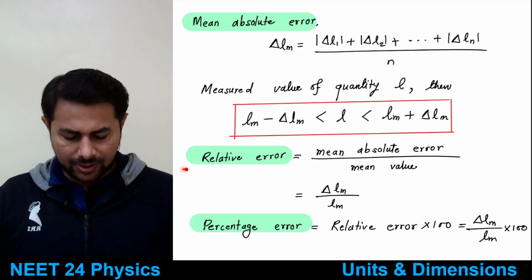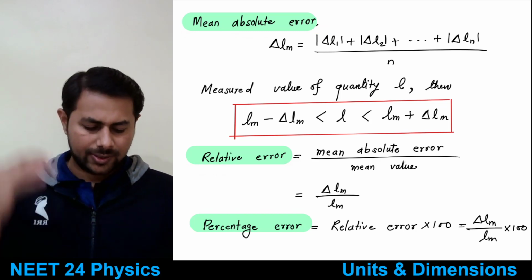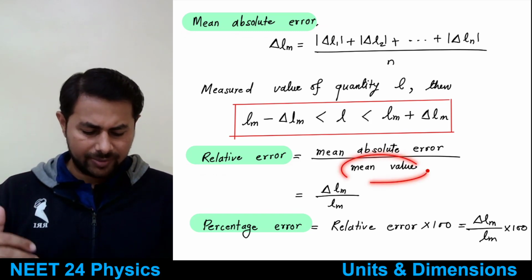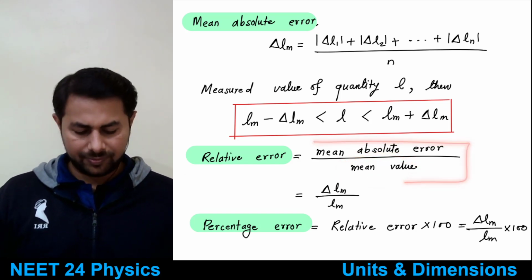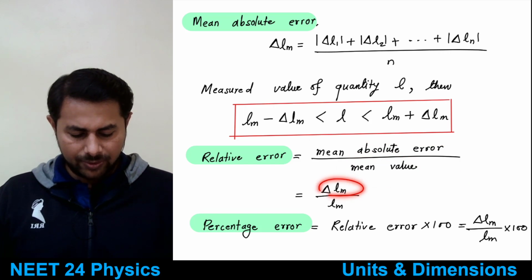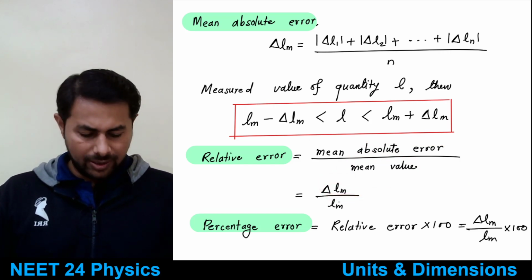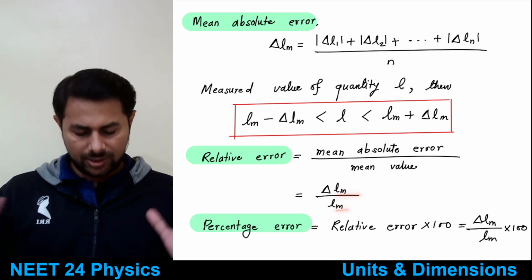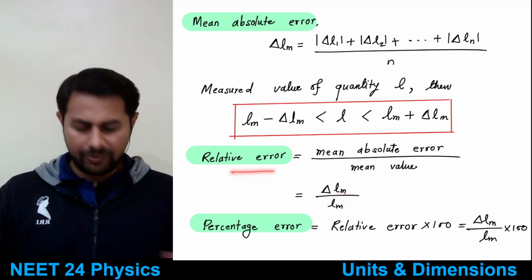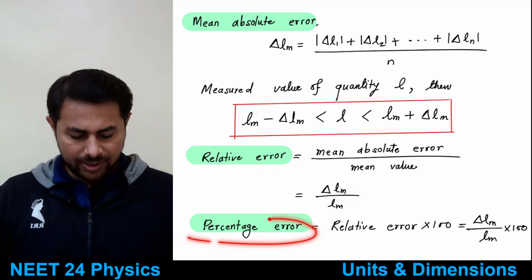The next is the relative error. Just take the mean absolute error and divide it by the mean value of the quantity, and you get the relative error. So mean absolute error in length is delta Lm, mean value of length is Lm, so delta Lm divided by Lm is the relative error. Very simple. The next is the percentage error.